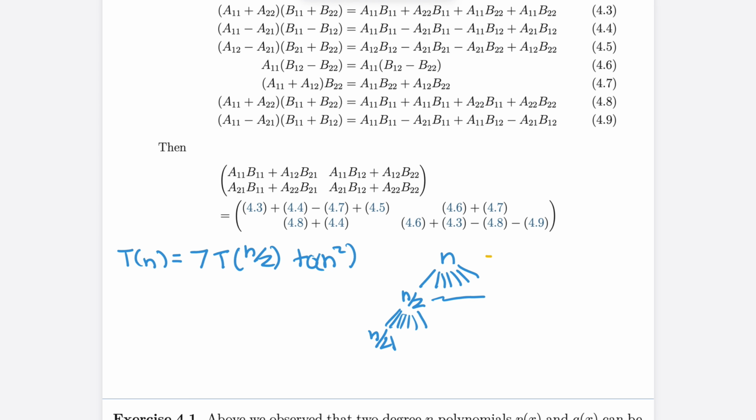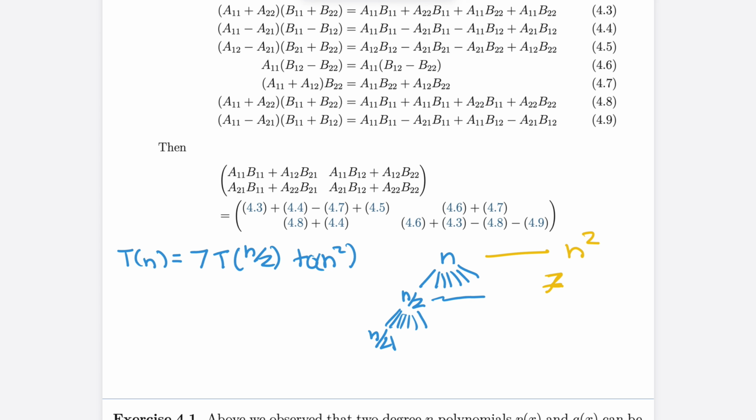So what would be the total amount of work from that first row? n squared. What about the second row? It's going to get a little more complicated. Not quite 7 over 2, but it's close. 7 n squared over 4.